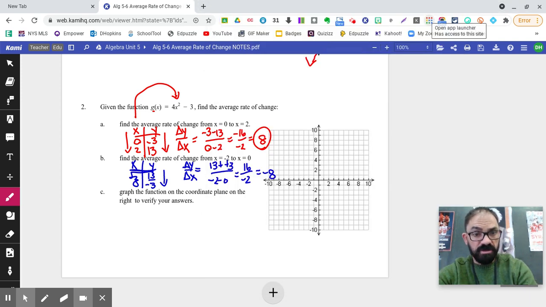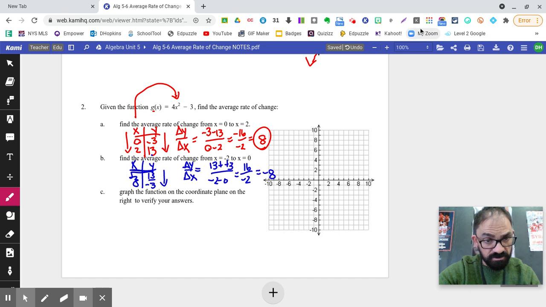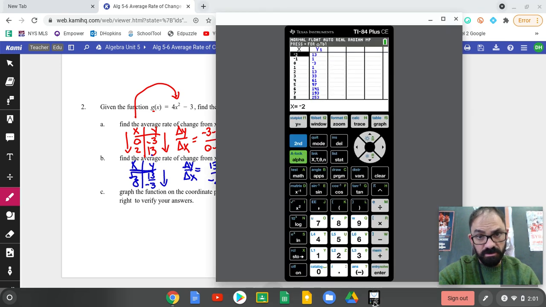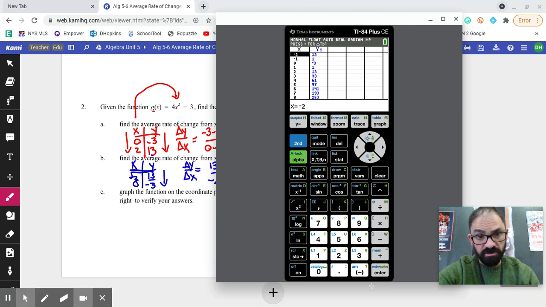So negative 3 minus 13 is negative 16. 0 minus 2 is negative 2. Okay, all that is correct. Let's look at this next one. Negative 2 is 13. 0 is negative 3. Okay, and I get negative 8 there.